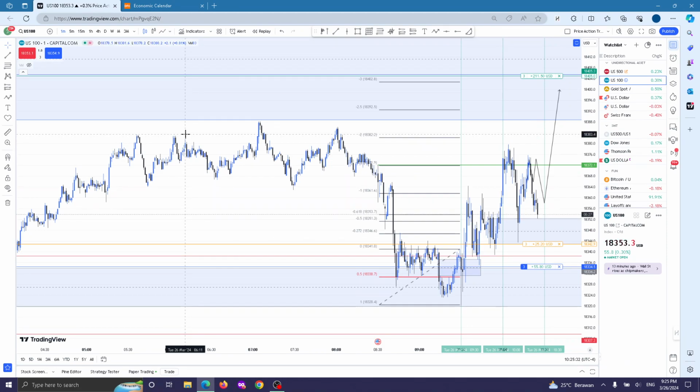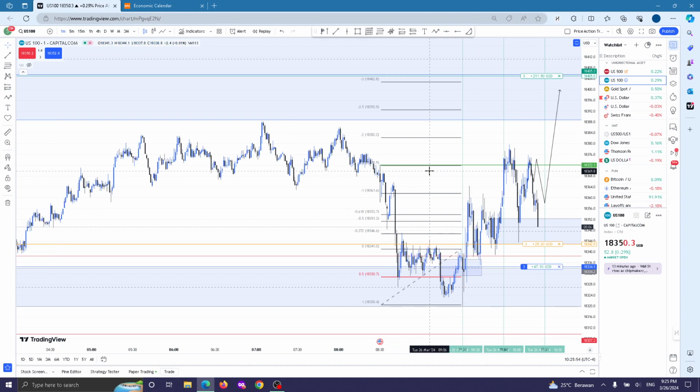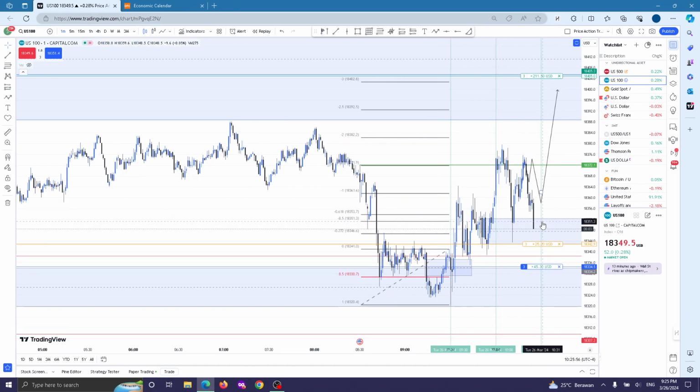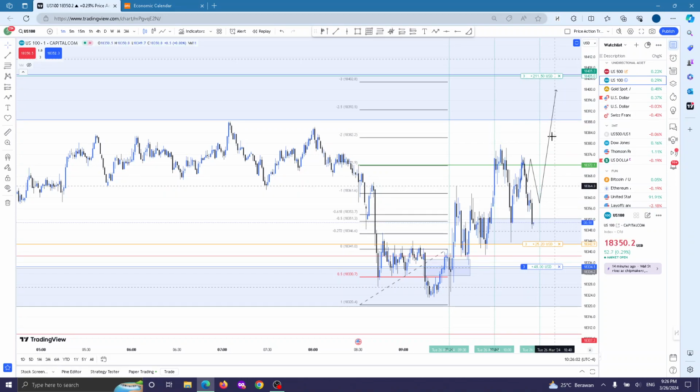We touched the propulsion blocks. Let's see how it dwells. Of course, I don't like this price to take this low because it means it consolidates too much. We are nearing 10:30. Price is not interested in this low.